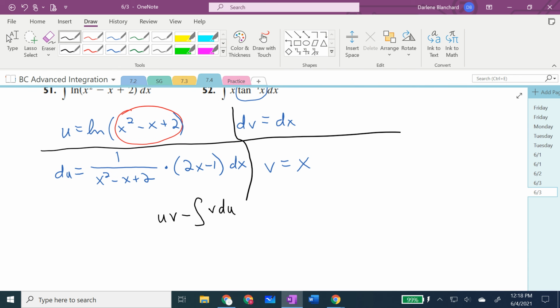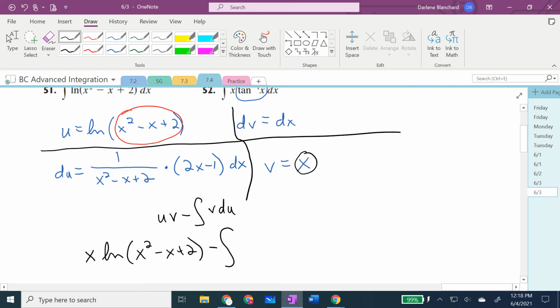At this point now I'm going to multiply the v in front of the u. And then I'm going to multiply this x with all of this.